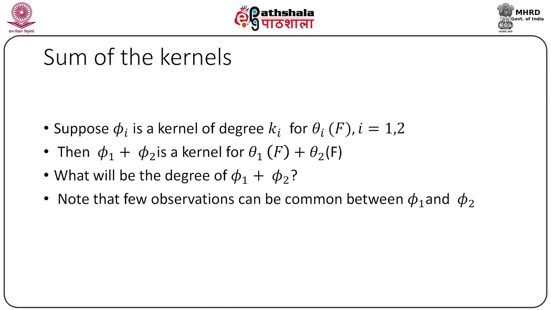Suppose phi1 is a kernel of degree k1 for the functional theta1 and phi2 is a kernel of degree k2 for theta2. So, what will be the degree of phi1 plus phi2? Observe that phi1 plus phi2 is a kernel for theta1 plus theta2, but keep in mind that a few observations can be common between phi1 and phi2.